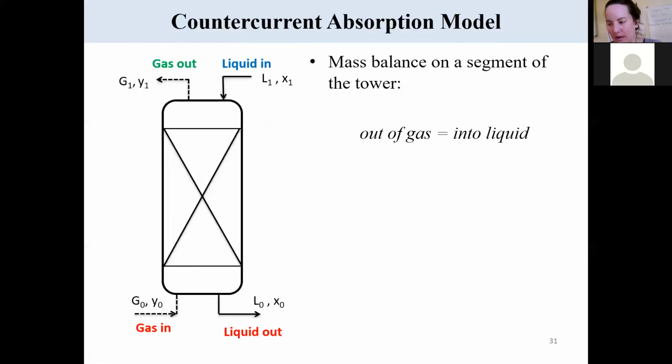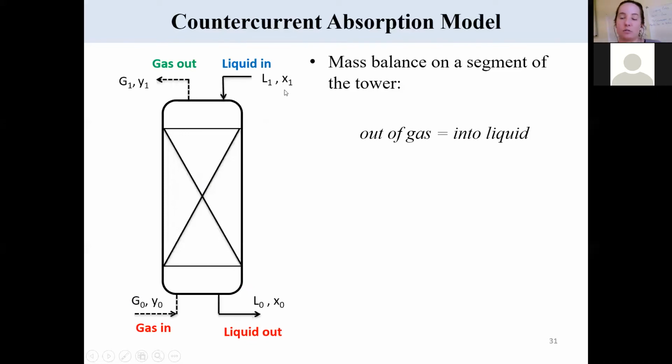But in principle, for the mass balance, the gas flows into the reactor, and the gas flowing in is usually air with some concentration of pollutant like SO2. It's contacting a liquid within this column, and so when the gas flows out of the column, it has a reduced concentration of pollutant.